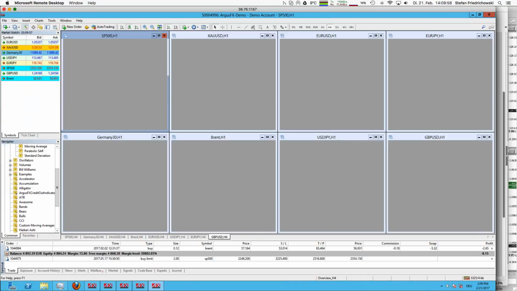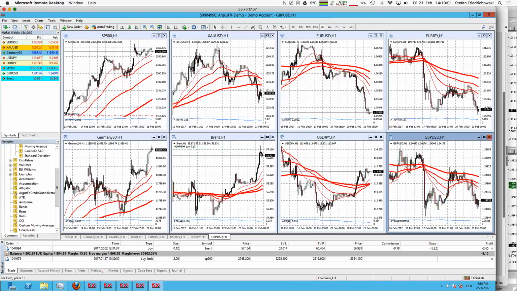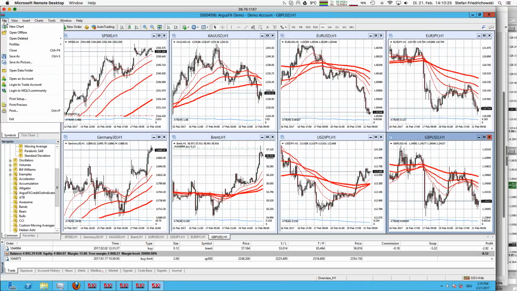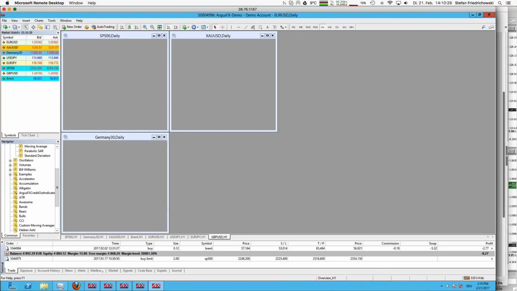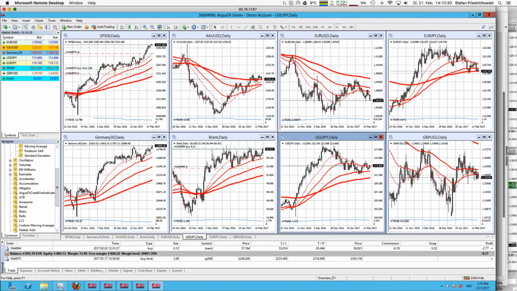I always prepare those profiles because it's much easier to navigate and to investigate the different underlyings by those profiles, because you don't have to redraw everything within your chart. So I always use that kind of profiling here within MT4. So let's move back to D1, because that will be the first one here.